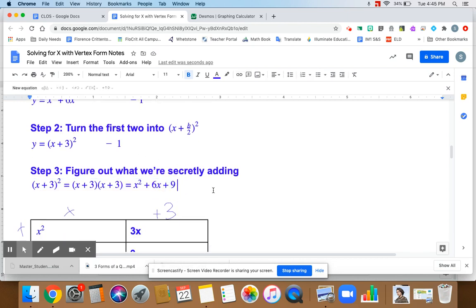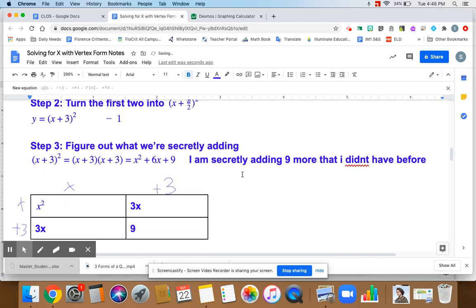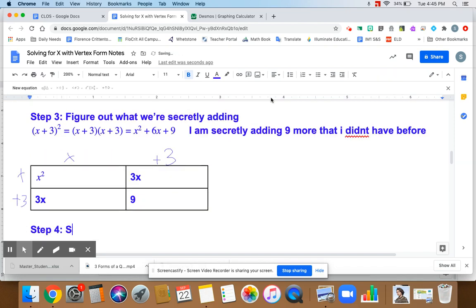So because I am secretly adding 9, to keep it balanced, my next step, step 4, is to subtract what you're secretly adding from your c at the end.